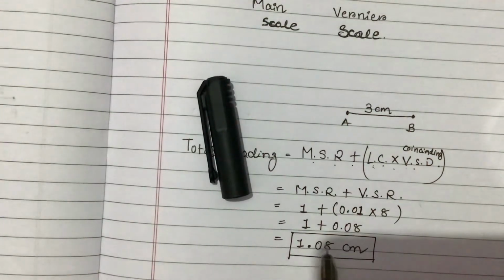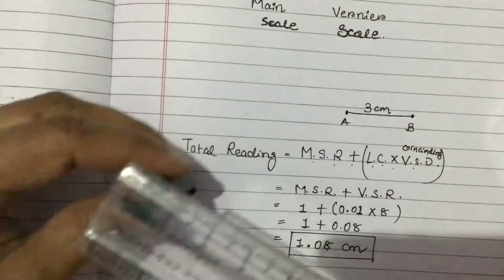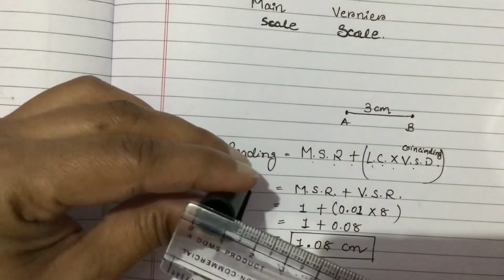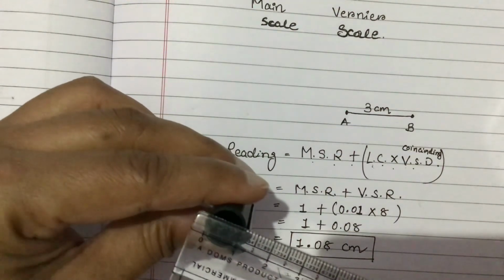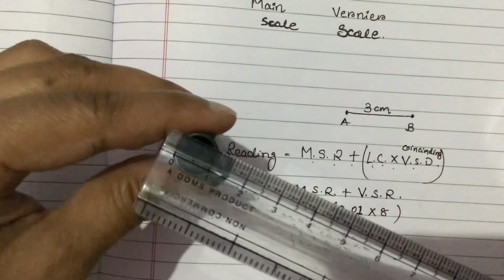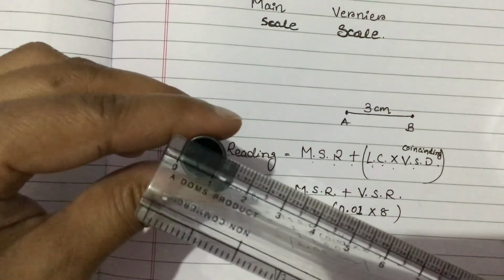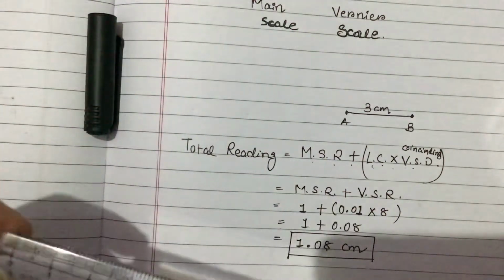If I measure the diameter by using a scale, let me try to do that. If I put a scale over here, what reading is it giving me? It is giving me somewhat in between 1 and 1.1.